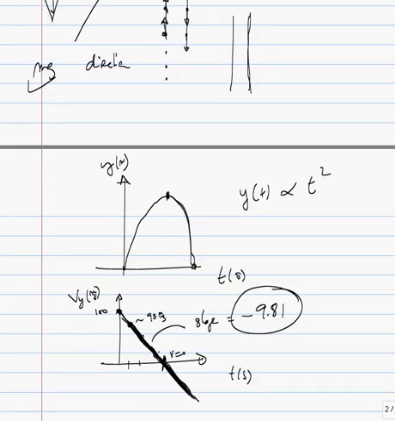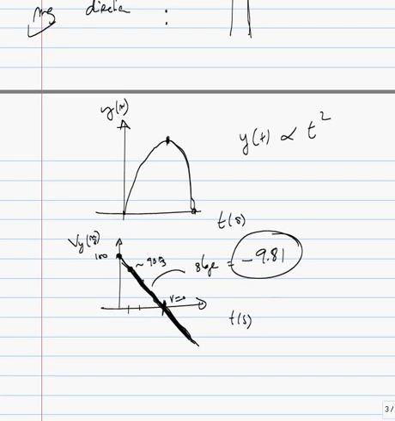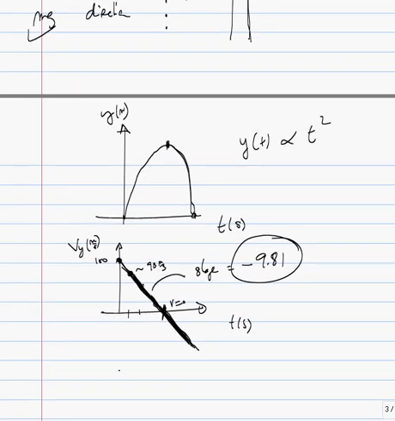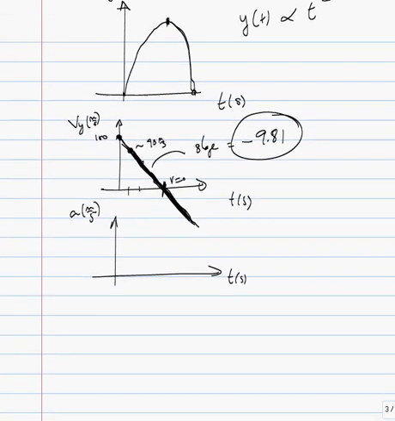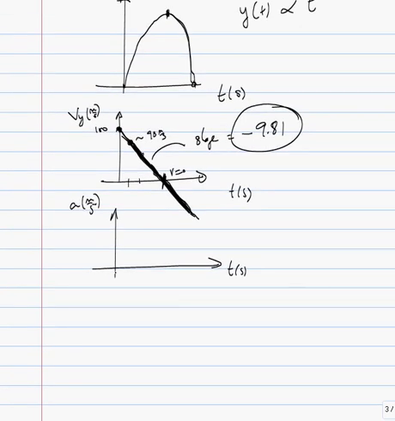But this point is no different from this point or this point or this point. The acceleration is still 9.8 because the slope hasn't changed. Therefore, now if you want to plot the a versus t diagram, this will just be the value of the slope, which is constant.